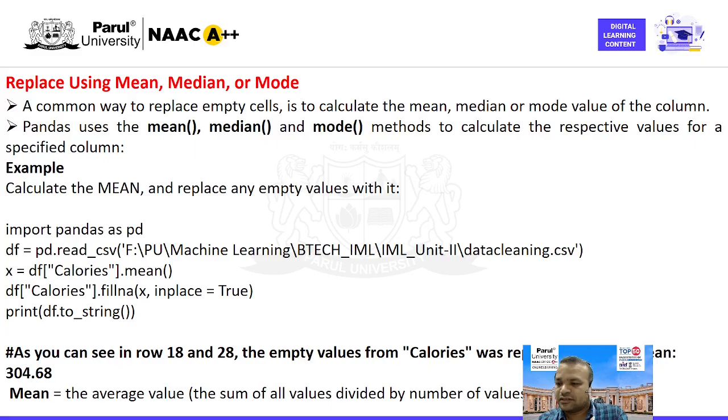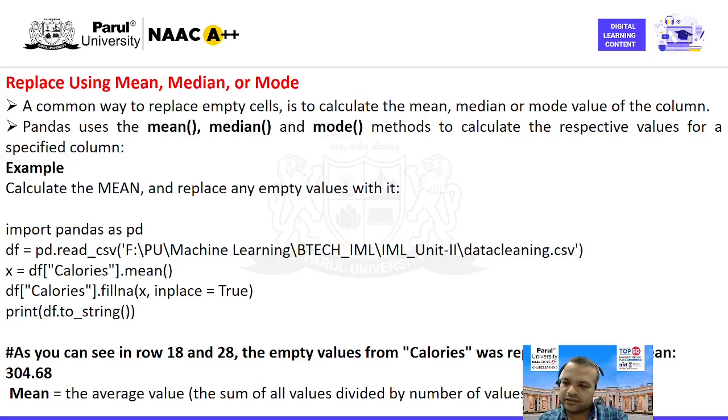Your data frame has one column which is calories, where there are some empty cells. In that column we apply the mean function. So first we calculate the mean of that particular column, calories, on your data set.